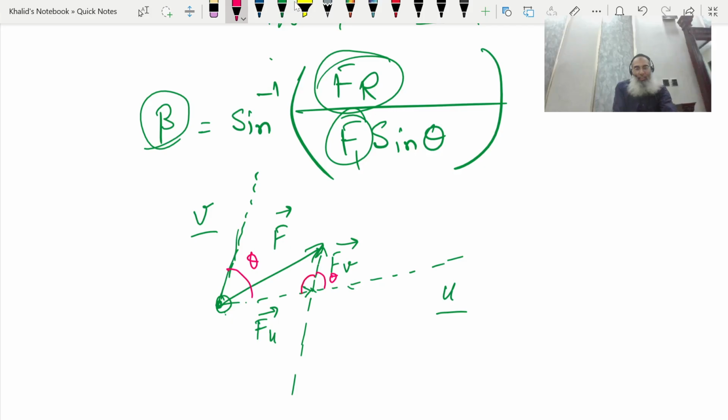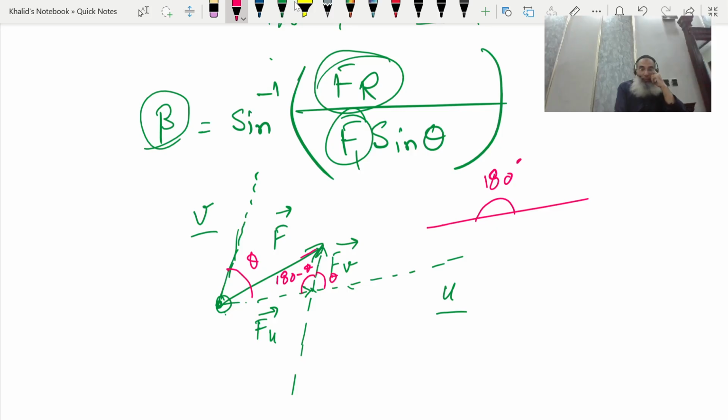This angle will be 180 minus theta, because the angle on a straight line is 180. The interior angle of this triangle is 180 minus theta. We already know this F, it's given.